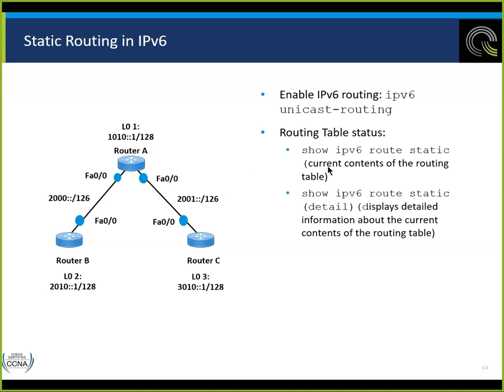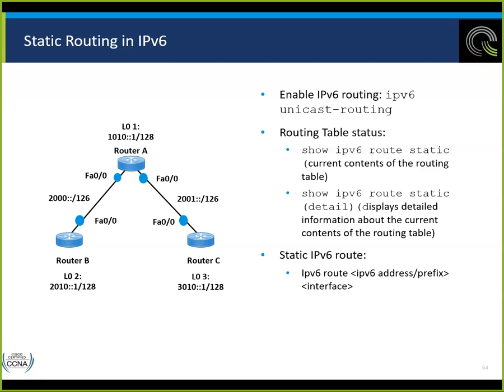The routing tables show IPv6 route, show IPv6 route static, instead of showing IP route. And the thing here is you have to specify IPv6 for everything that's going to be IPv6. IPv6 route, the IPv6 address/prefix, where we had to type the subnet mask, 255.255.255.0, whatever it is for IPv4, we use the /prefix length.